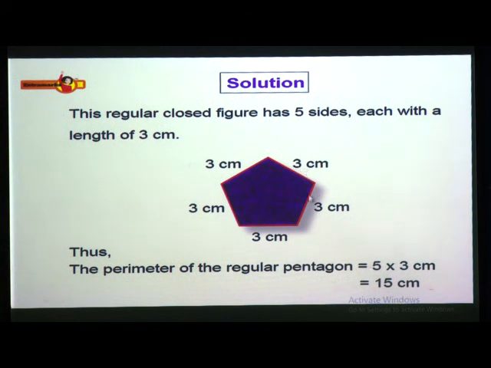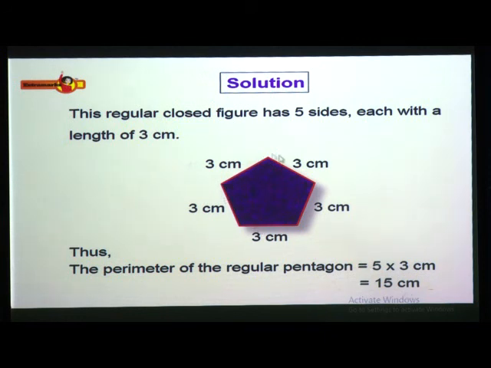Instead of adding 3 plus 3 plus 3 plus 3 plus 3, because all the sides are equal, we can take, how many sides do we have? 5 sides, and the length of each side is 3. So, 5 multiplied by 3, that is 15 centimeters.